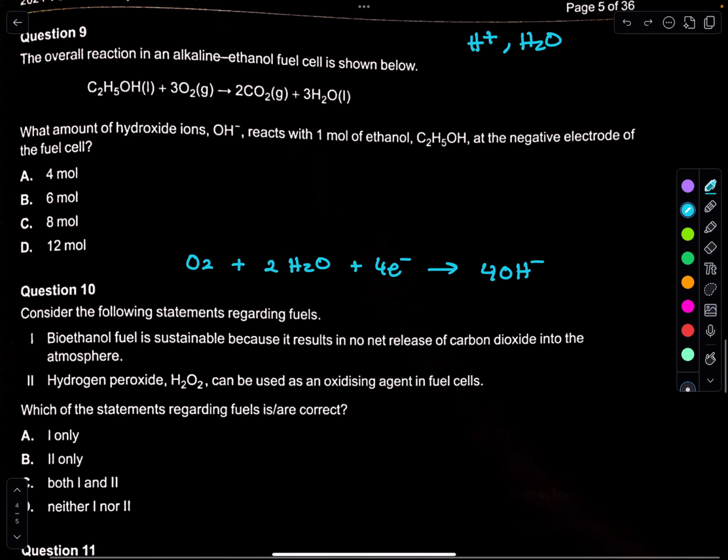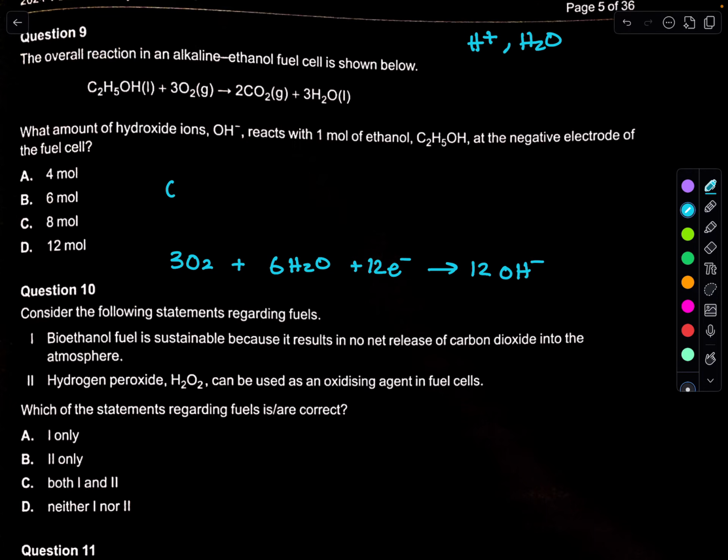So I'm going to multiply everything here by 3. So 3 times 2 is 6. This becomes a 6. 3 times 4, this becomes a 12. 3 times 4, this becomes also a 12. Done. And remember how we said it was the C2H5OH becomes the 2CO2.